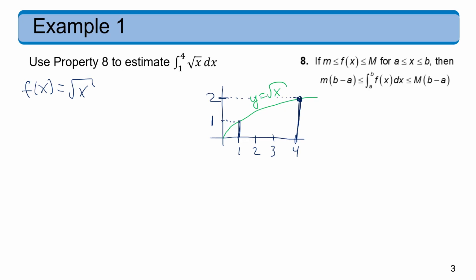So based on that graph, we can say that the square root of x is between 1 and 2 if we restrict it to x being in that interval, which is 1 to 4. So this is the little m and the capital M, right? We found those here to be 1 and 2.